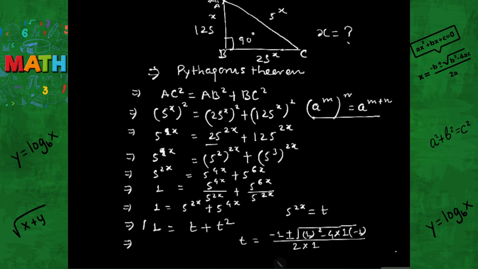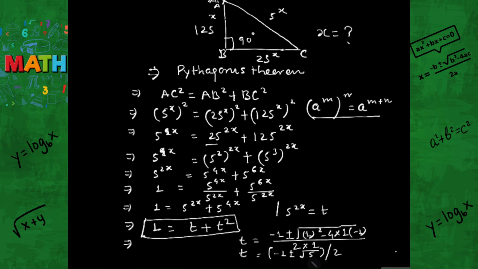This is a simple quadratic equation, how to solve it, I am not explaining in detail. So what will be the value of t? This is minus 1 plus minus under root 5, divided by 2. This is the value of t.